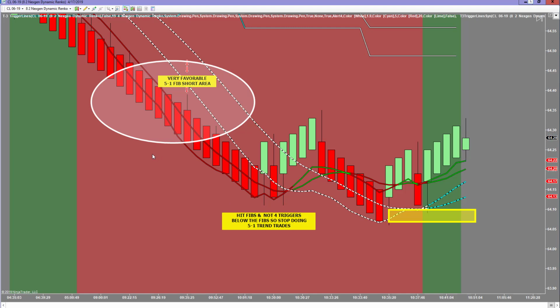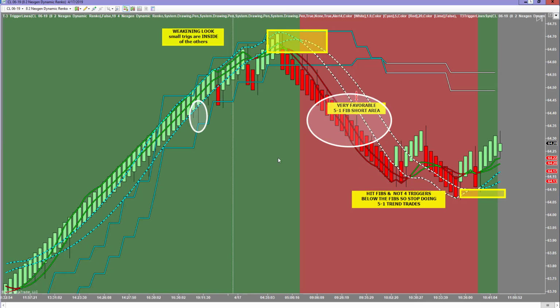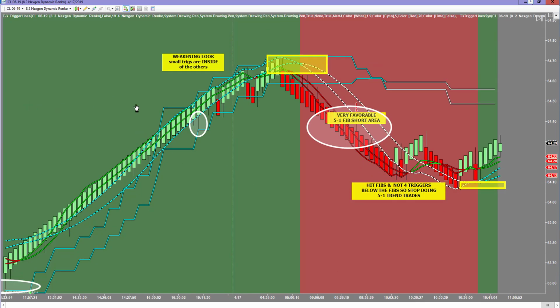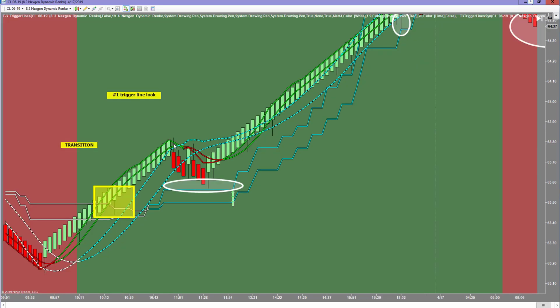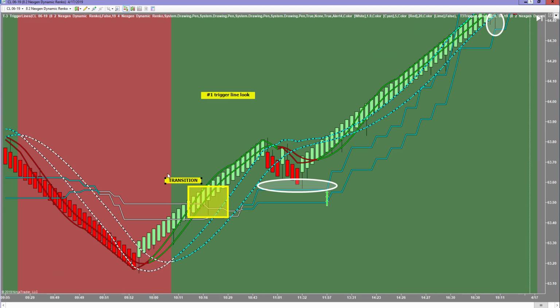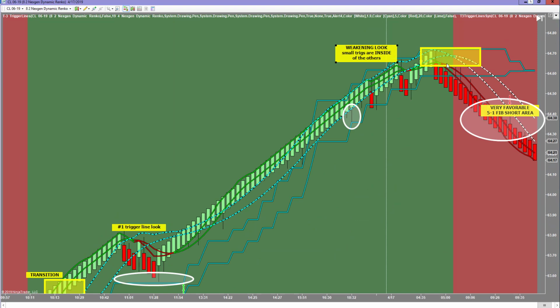And again, you're going to get this same pattern over and over and over and over where, again, you can go back and study this 9 ways to Sunday, but it's always the same. You're going to transition on your larger chart, and then at some point you're going to have a number one trigger line look on your large chart. And then you're going to eventually have a weakening look that will eventually get your triggers to roll out.